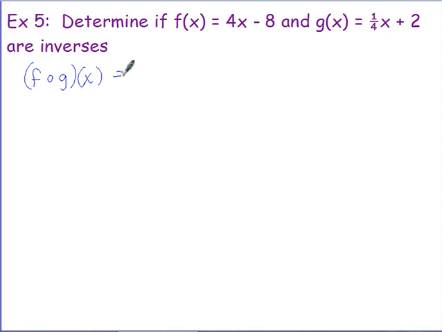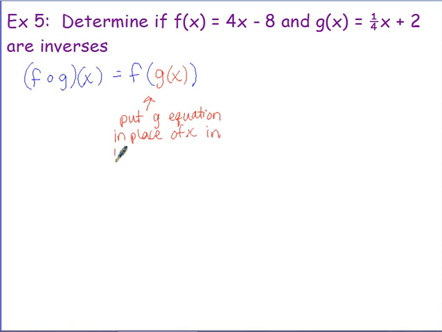Blue is going to be f, and red is going to be g of x. So what this means, these are the tougher ones, this means right here, this whole thing, we're going to put the g equation in place of x in the f equation.